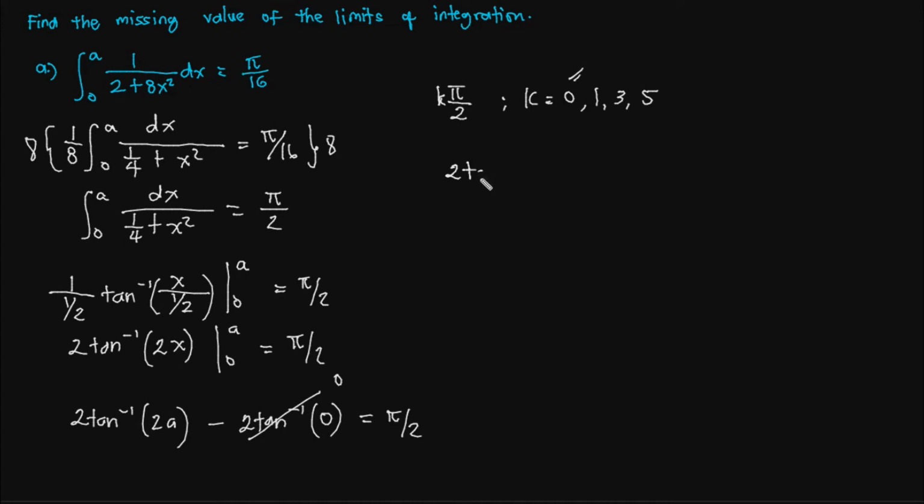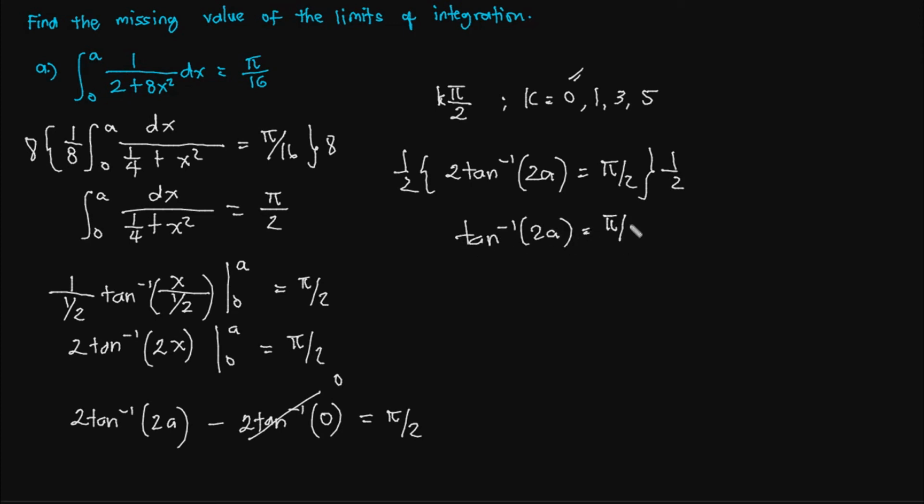So you take 2 tangent inverse of 2a, that is equal to pi over 2, and then dividing both sides by 2, or multiplying both sides by 1/2, we get inverse tangent of 2a is equal to pi over 4. Then you take the tangent of both expressions. So let me rewrite this properly.